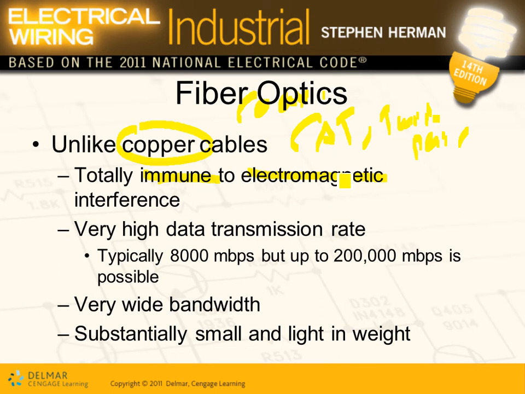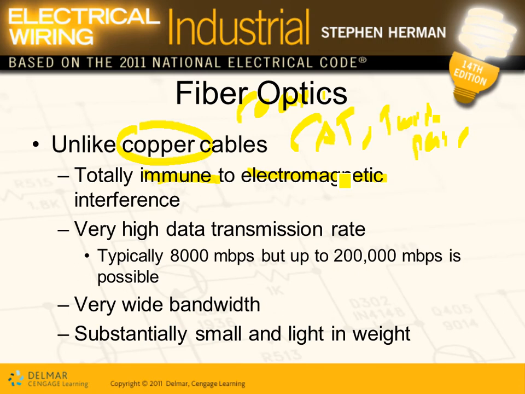So the nice thing is when you convert data into light and you put another power line right next to it, there is no electromagnetic interference, because you are transmitting light. You're not transmitting current to interfere with it. So that's a very good advantage.